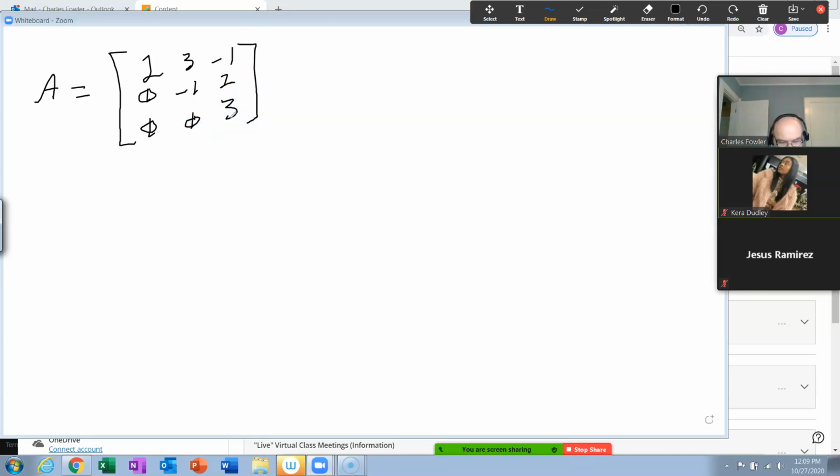Okay? To find the determinant, guess what? Piece of cake. Why? Because this is an upper triangular matrix. Everything below the main diagonal is a 0. So you don't have to do expansion by cofactors. You don't have to expand the first two columns.